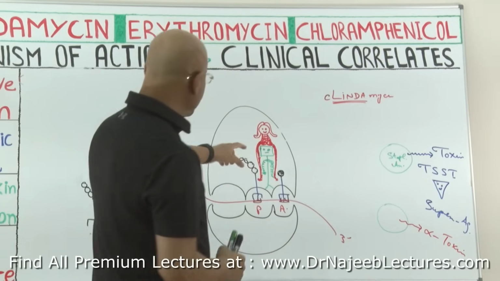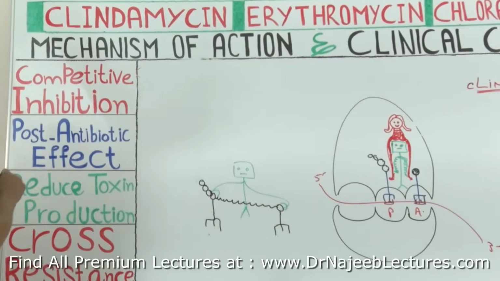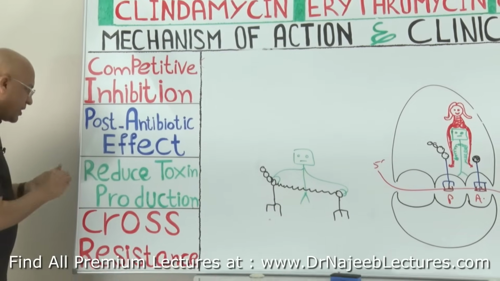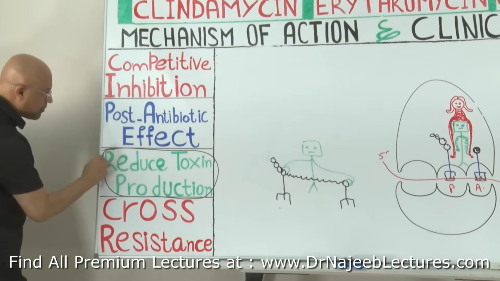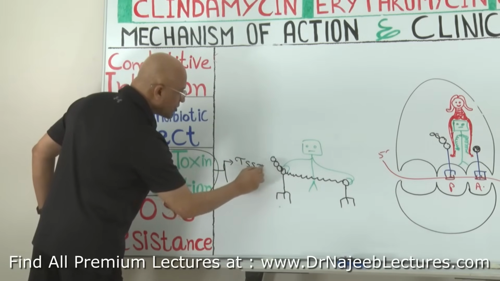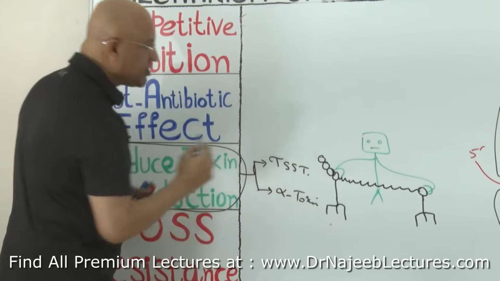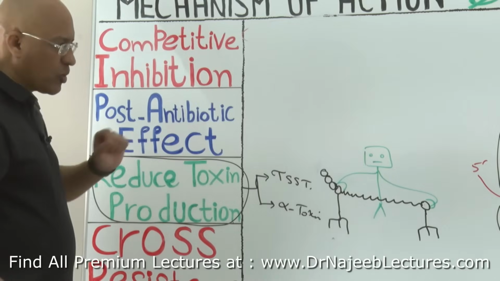So by this action, what I have told you is that clindamycin is very important in reducing toxin production. For example, which toxins? Toxic shock syndrome toxin and alpha toxin by staphylococci. Is that clear? So this was one clinical correlate.